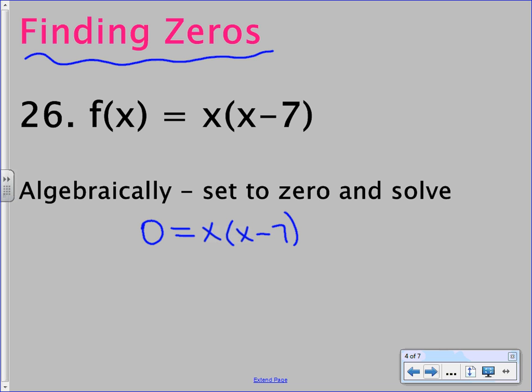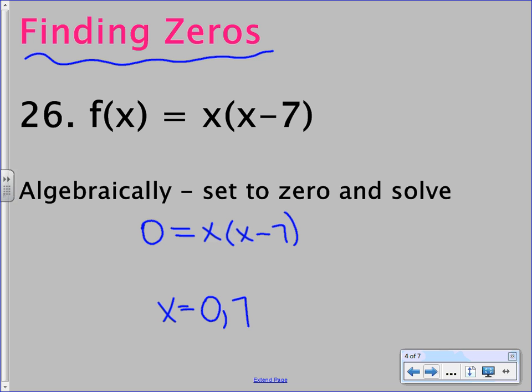I know this is a tough one, guys. What are our zeros? Come on. 0 and 7. How did you get that? Zero product property.